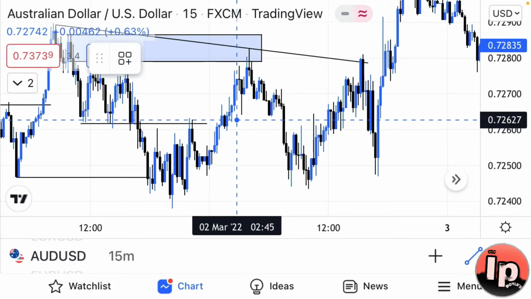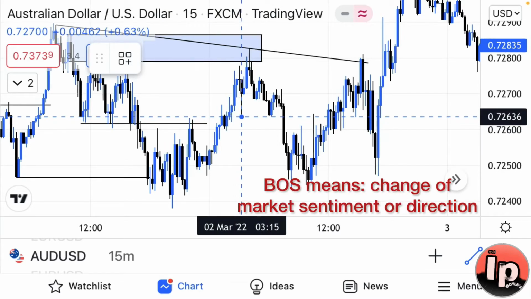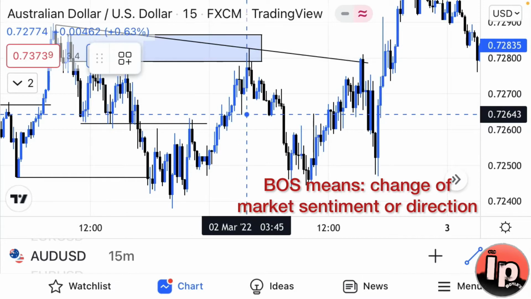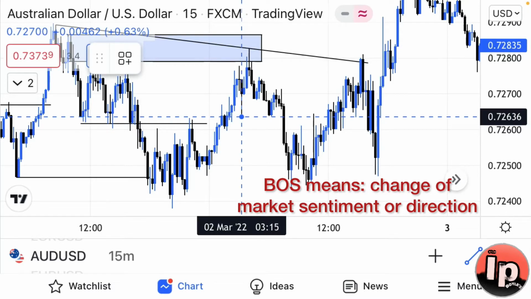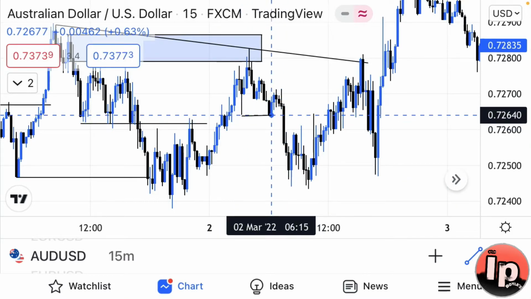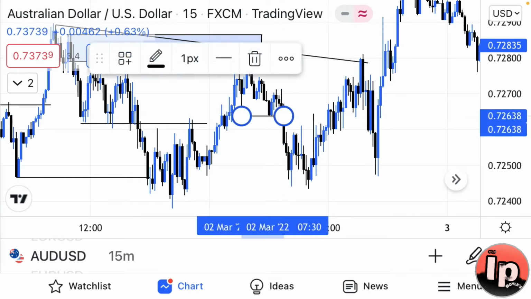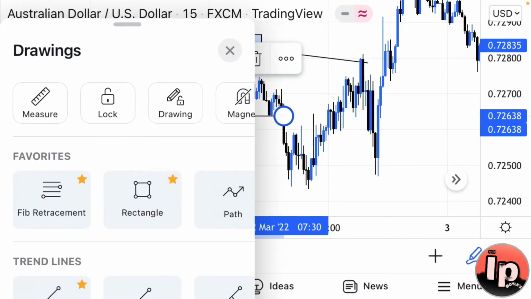Once you come into the market, you have to know where your break of structure is, or you can call it change of character. Can you understand? You can see that price changed character at this zone, or you can call it a break of market structure. We broke structure at this zone after price tapped our supply zone.